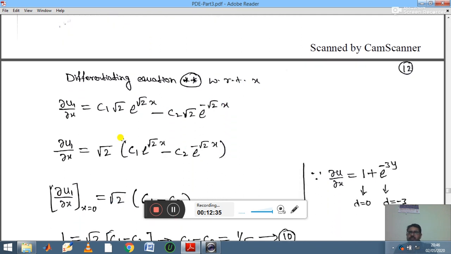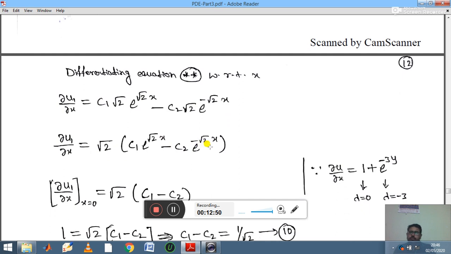After differentiation, take √2 as common: ∂u1/∂x = √2 (c1 e^(√2 x) - c2 e^(-√2 x)).